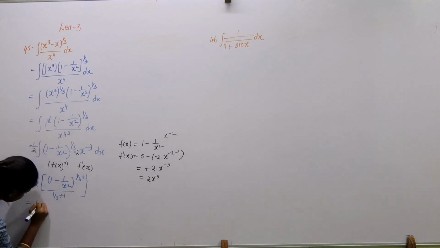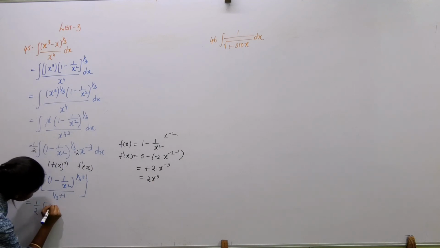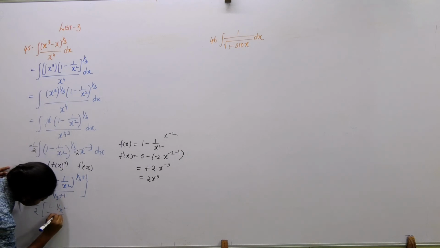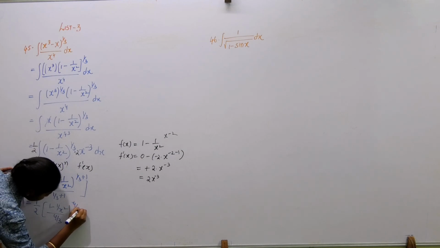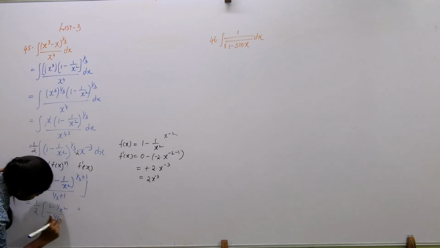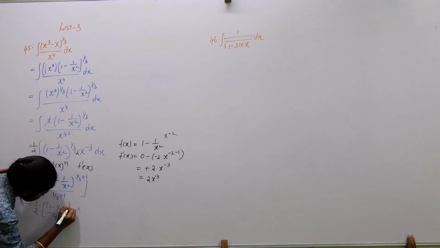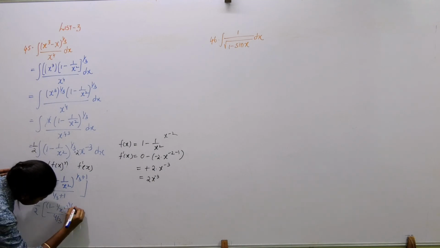It is equal to 1 by 2 into 1 minus 1 by x square, power 1 by 3 plus 1, that is 4 by 3, divided by 4 by 3.